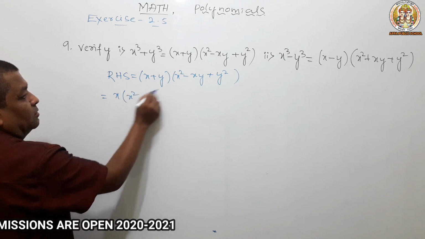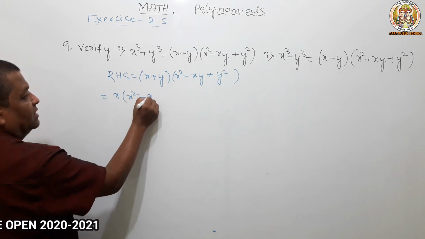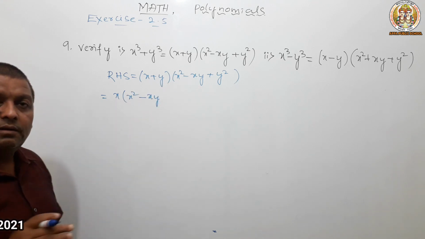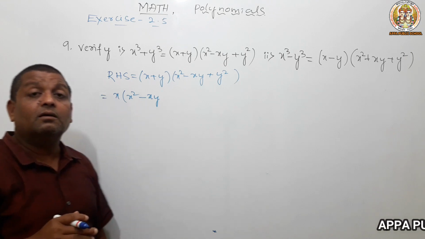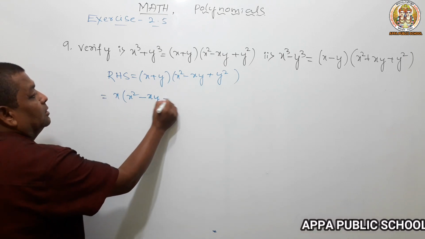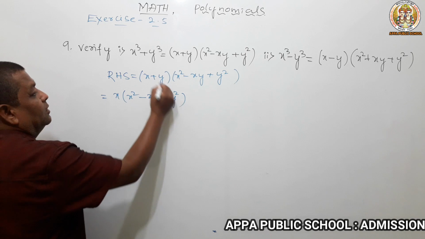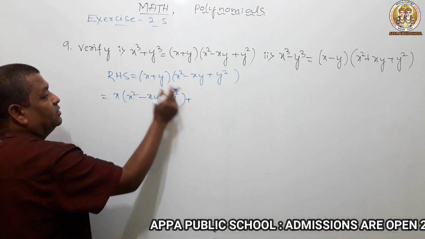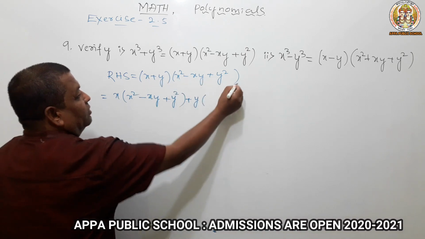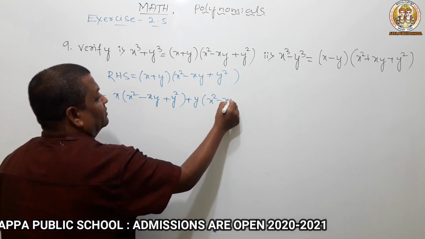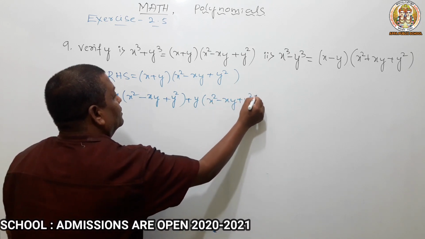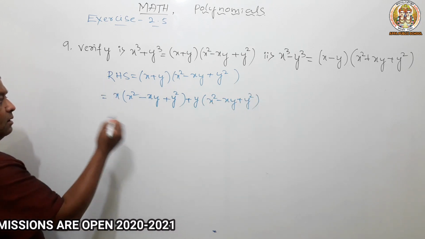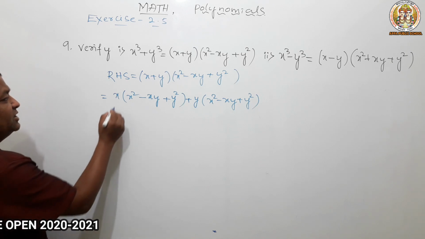x into this full part. x square minus xy. I will show it by trinomial by binomial multiplication. Next, second, plus y into x square minus xy plus y square. Do simple multiplication.